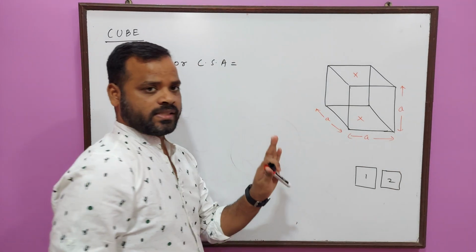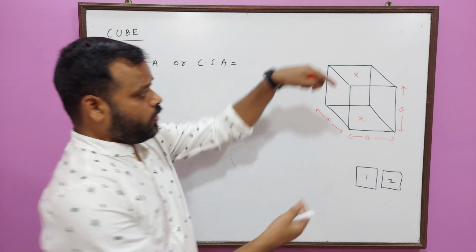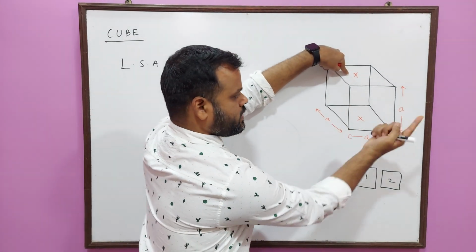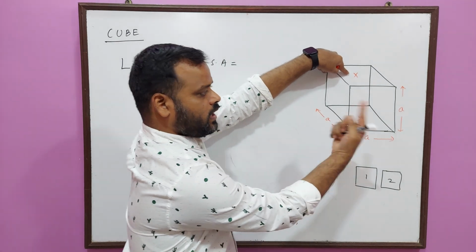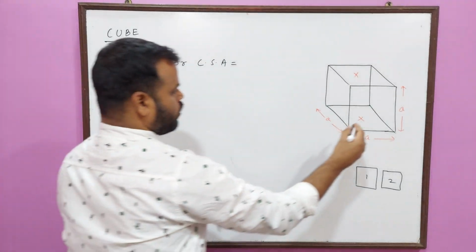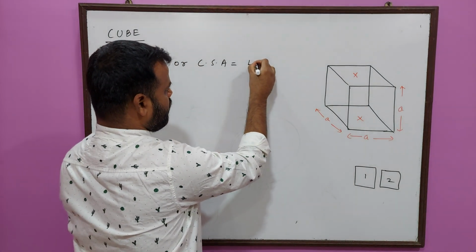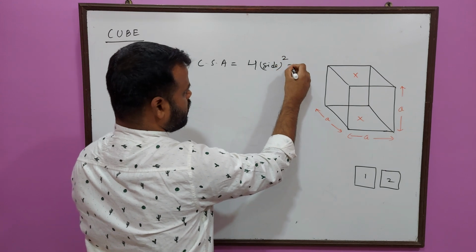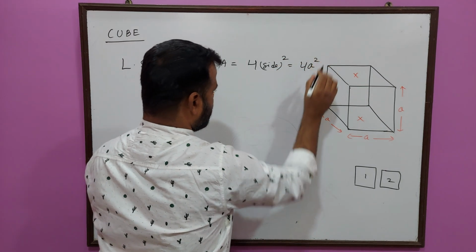Like this you have 6 faces. So when you exclude the top and bottom face, the side faces will be the curved surface area or the lateral surface area. So out of the 6 faces we have 4 faces. So its area will be 4 into side square, which is equal to 4a square.